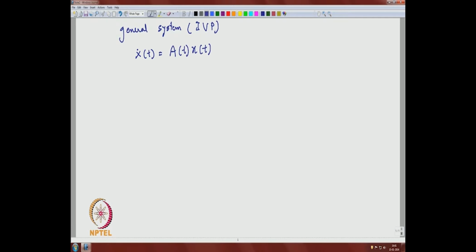With x(0), or you can put it at any point, x(0) is equal to x naught. So, this is a general linear system.